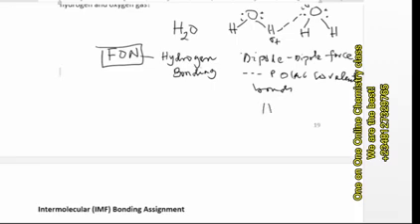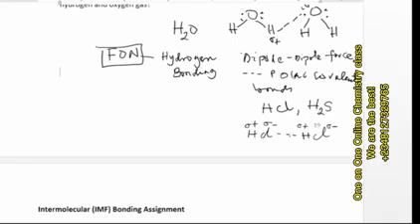For example, HCl is going to be dipole. H2S will also be dipole. This is partially negative, this is partially positive, and this is also partially positive, and this will be partially negative.